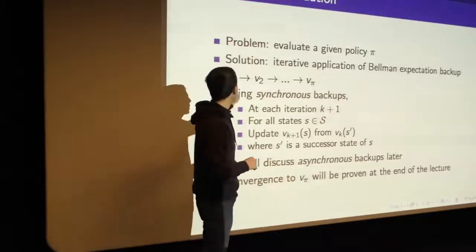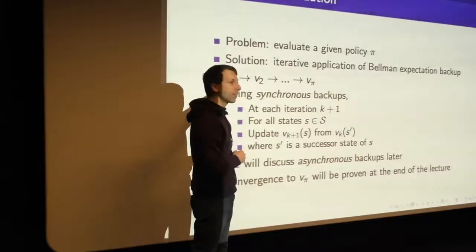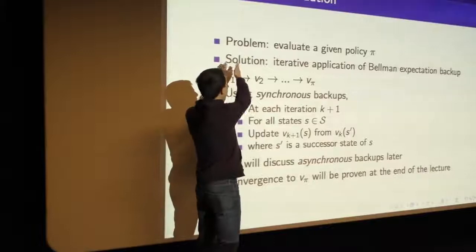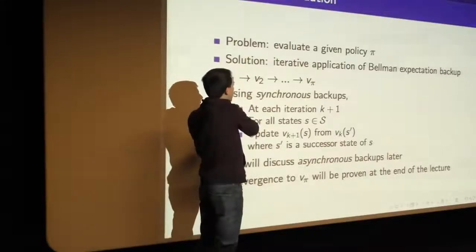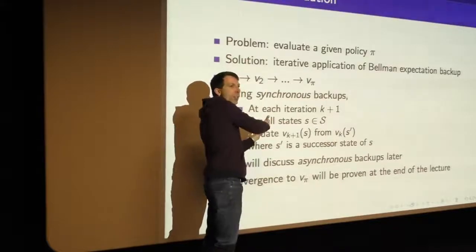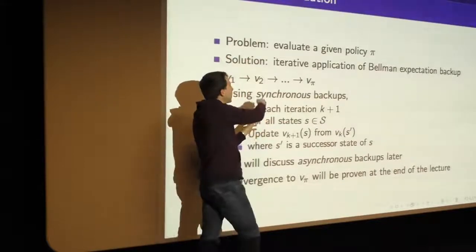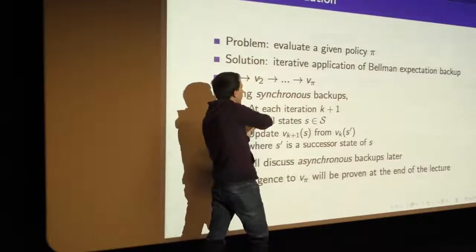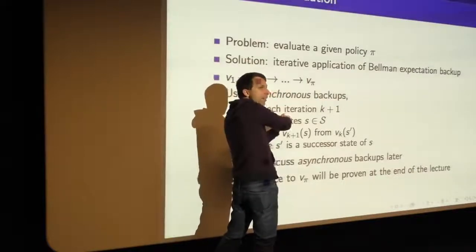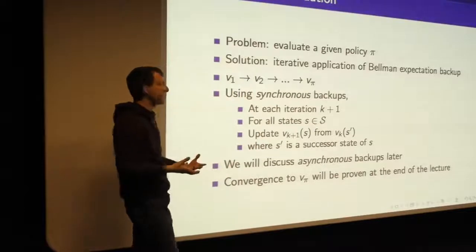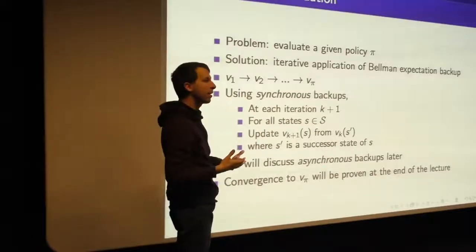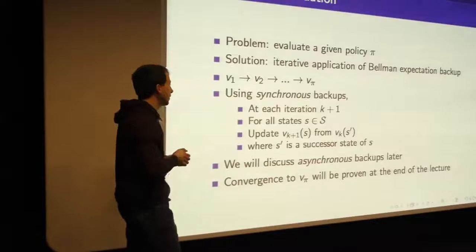We're going to start off with our previous value function, and apply our iterative update to every single state in this value function to produce a complete new value function for all states. Then we apply a complete new update to give us a new value function. That's called synchronous evaluation. We consider all states at every step. And we'll consider asynchronous backups later, which can be more effective. But this is the simplest case.